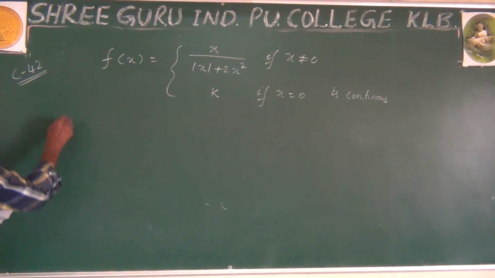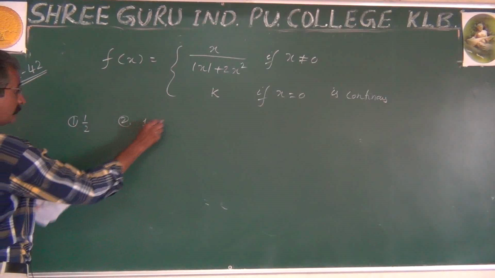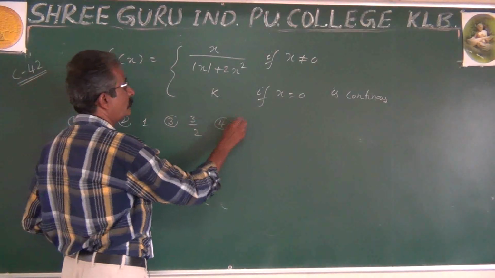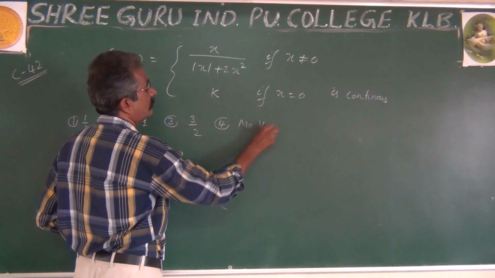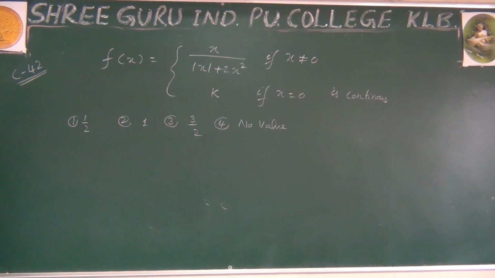First option 1 by 2, second option 1, third option 3 by 2, fourth option no value. No value for k, that's the meaning of the fourth option.